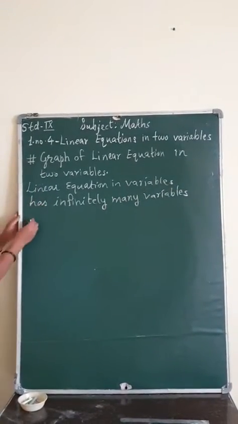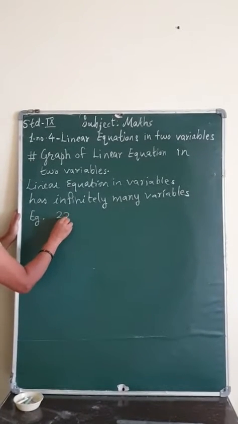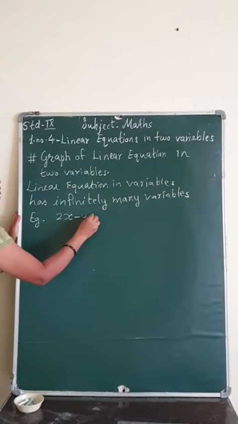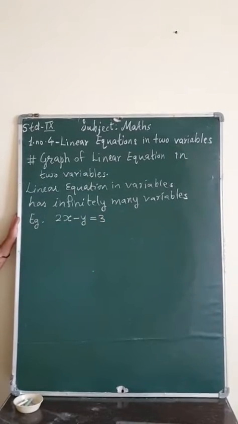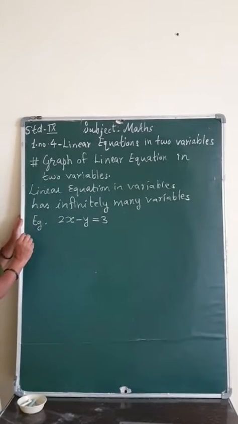So by taking one example, for example, if the linear equation given is 2x minus y is equal to 3, you know how to find the solution of this equation.